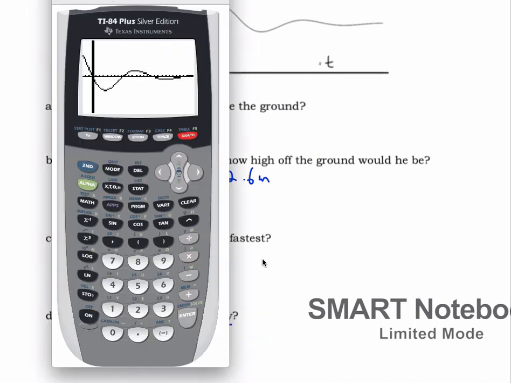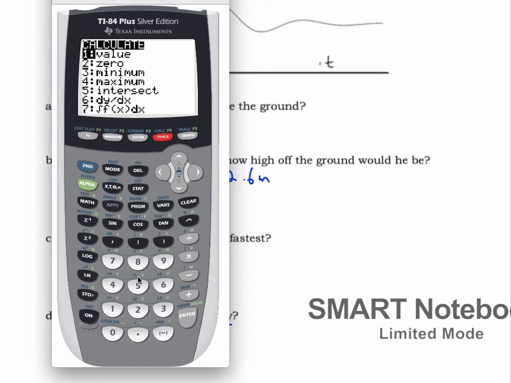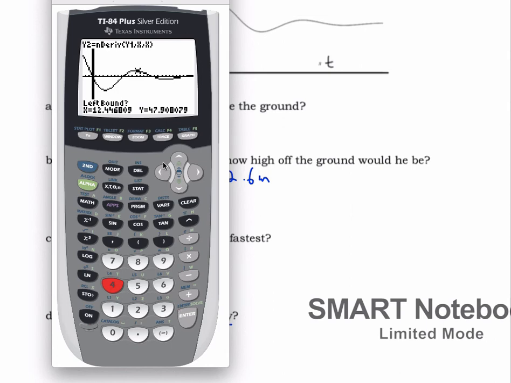So the maximum velocity, let's look at TI-84. The maximum velocity is actually when the velocity is positive, so the positive maximum here. So we can get that maximum value right there. And let's go over here, enter, and go over here. Alright, and then, oops, it's slowing down a bit right now.